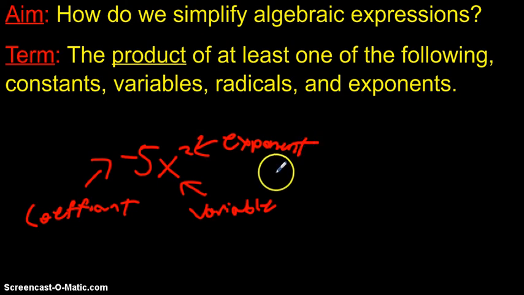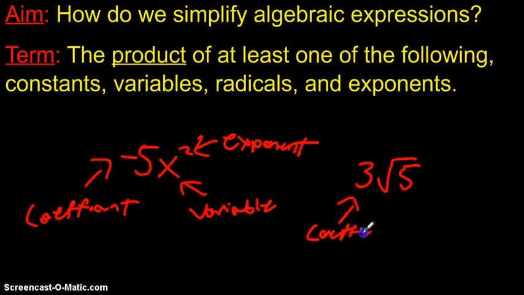Now you might have noticed an interesting one that occurs in this definition, which is a radical. This could also be a term. This would be 3 radical 5, where this would actually be also a coefficient, and this would be called the radicand, the number inside of the radical symbol.